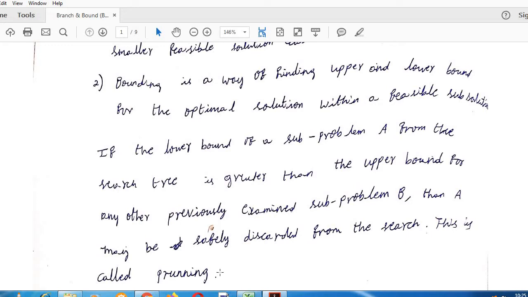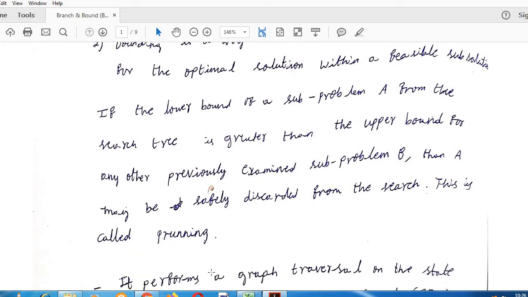I'll get two paths, and these two paths can be considered as two subproblems. I will only consider the lower bound or lower cost path and ignore the higher bound path. In pruning also, we consider only the lower bound subproblem and ignore the upper bound subproblem. This we will see later.